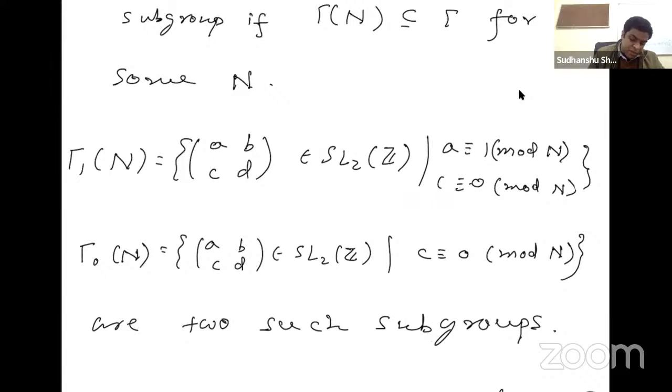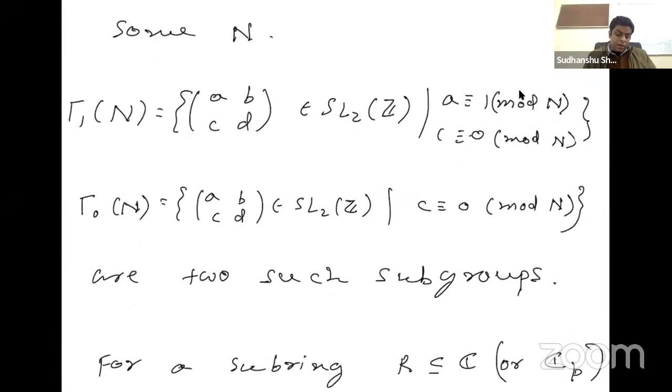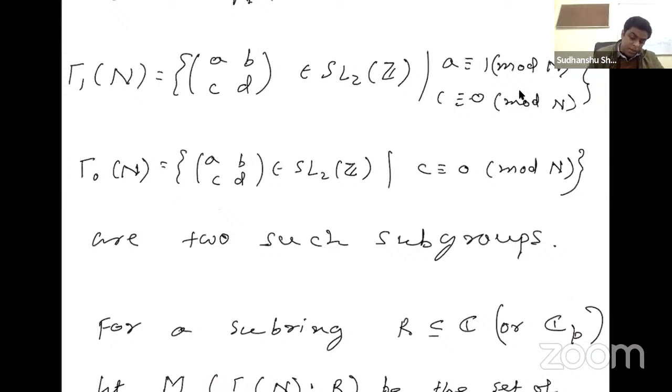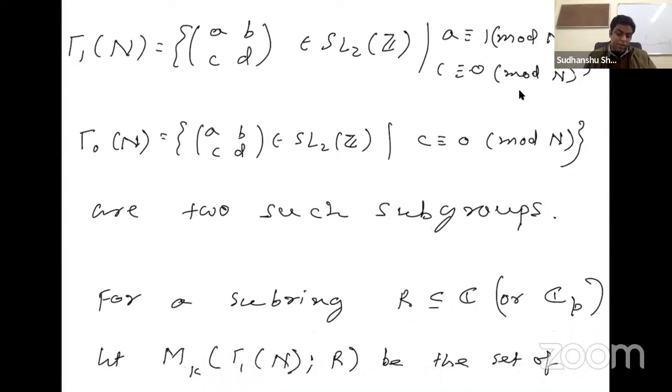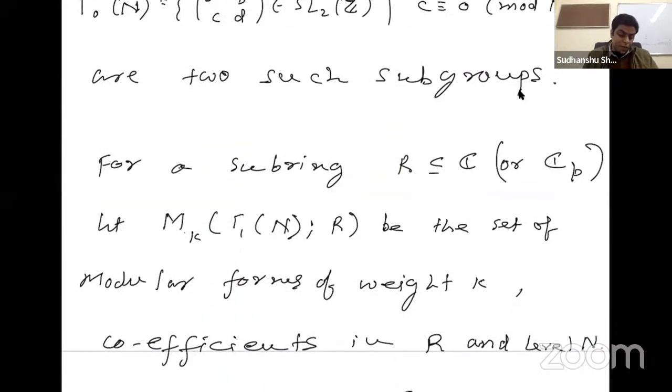I will mostly be talking about Gamma_1(n), but there will be a few statements about Gamma_0(n). Gamma_1(n) consists of those matrices in SL2(Z) with a congruent to 1 mod n and c congruent to 0 mod n, and Gamma_0(n) consists of those which just satisfy c congruent to 0 mod n. So Gamma_1(n) is a subgroup of Gamma_0(n).